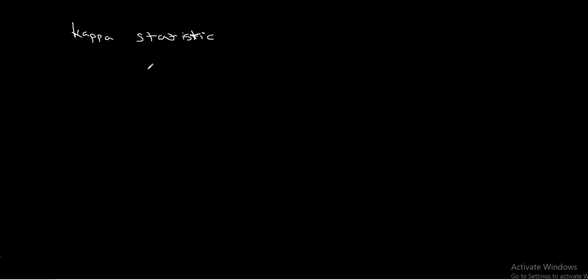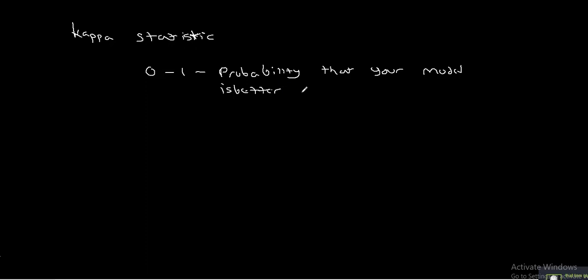And so the Kappa statistic ranges from 0 to 1, and it's basically interpreted as the probability that your model is better than random chance. I want to repeat that, especially because my handwriting seems to be a little bad here.